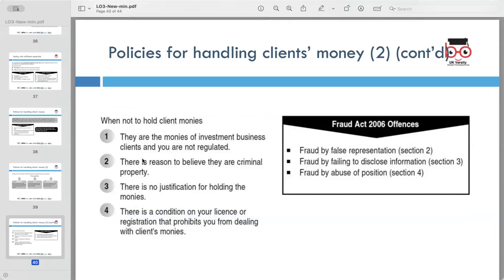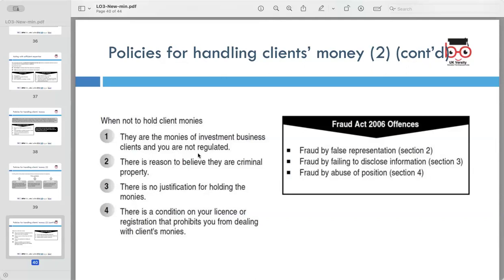These circumstances include situations where the monies belong to investment business clients and the accountant is not regulated, where there is a suspicion that the funds are criminal property, where there is no justification for holding the money, or where specific conditions on the accountant's license or registration prohibit the handling of client monies.